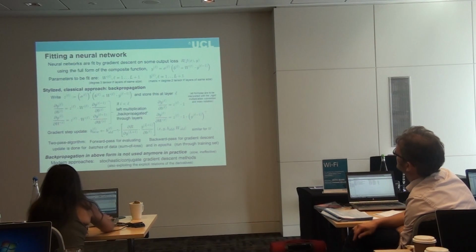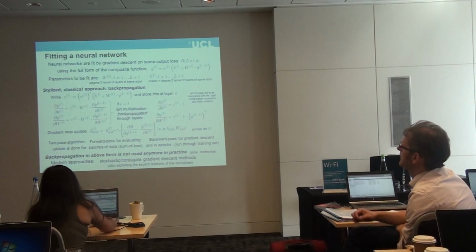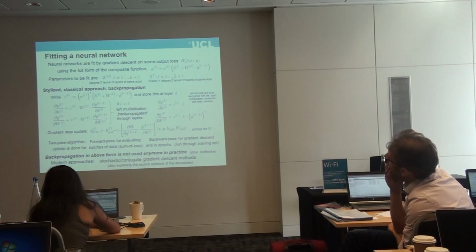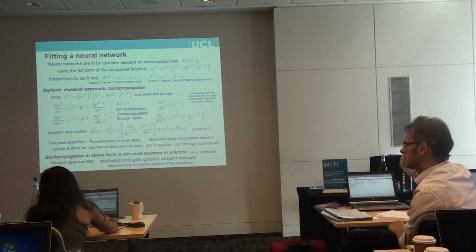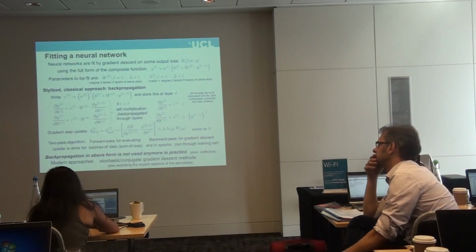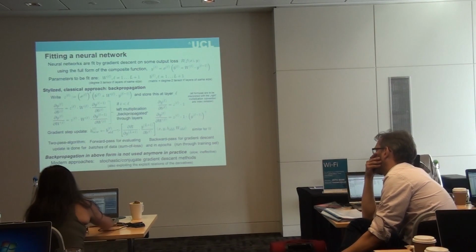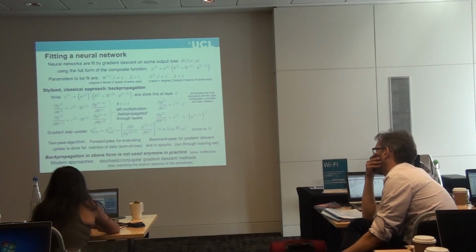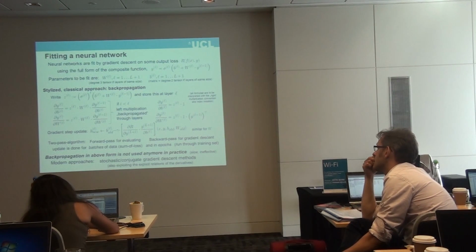So f is a function which has all these parameters. Let's make the parameters w and b explicit. So the loss is actually a function of the data and the parameters.